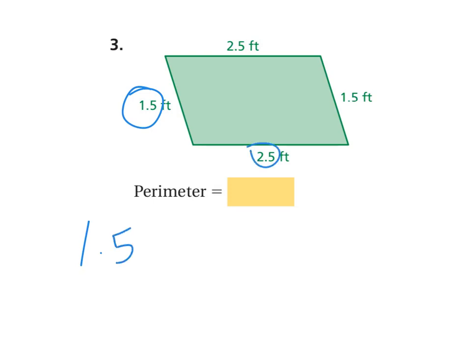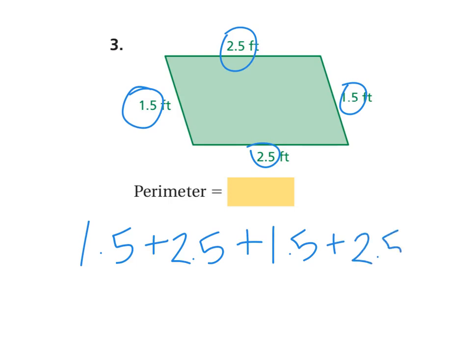Just make sure you don't lose track of which ones you have written down. And my last one. And I add all those up, so I'm going to have 1.5 plus 2.5 gives you 4, and you have it again, so that's another 4. 4 plus 4 is 8. And then we label this feet. Good.